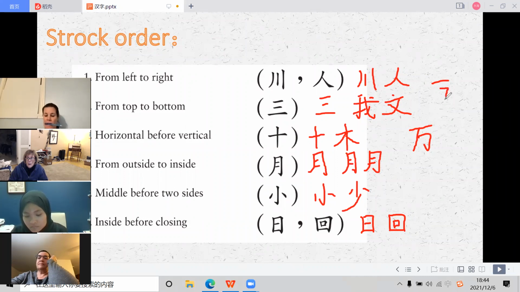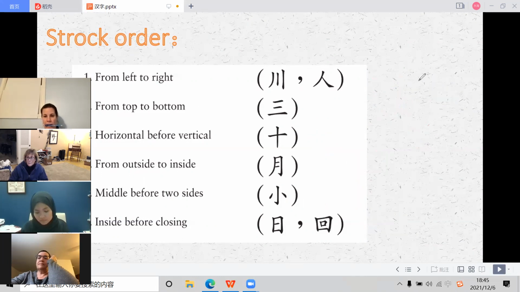Instead, we first write the right one and then the left. So it's a special one. Yeah, after reading the rules, I think what we need more is practice.